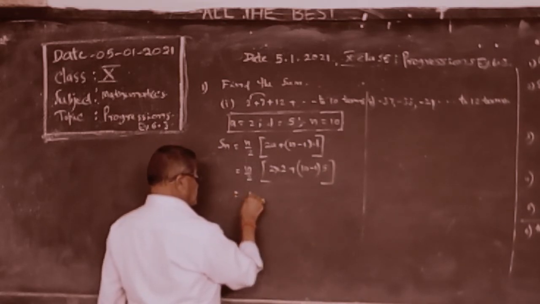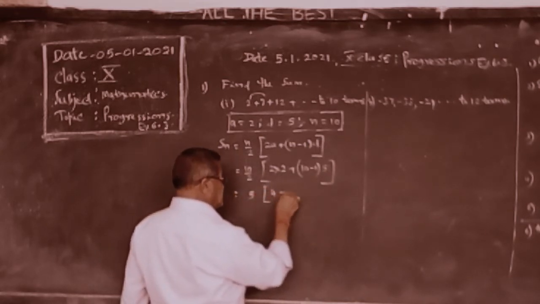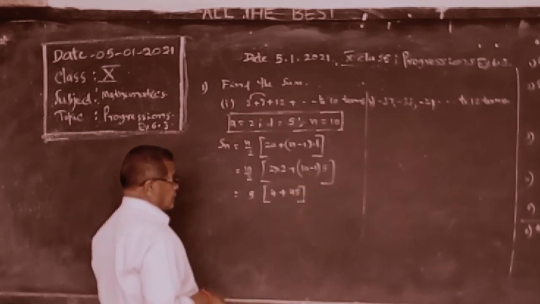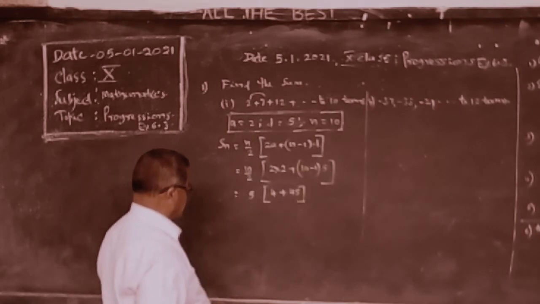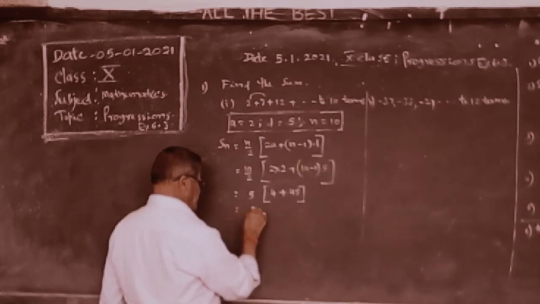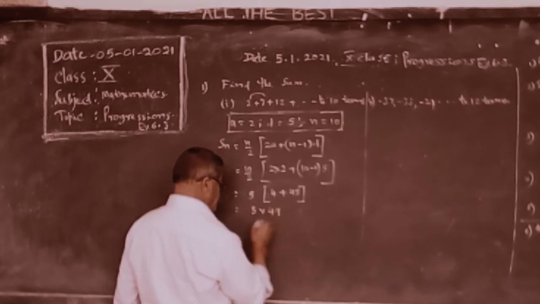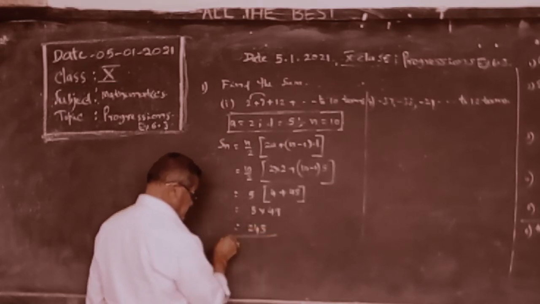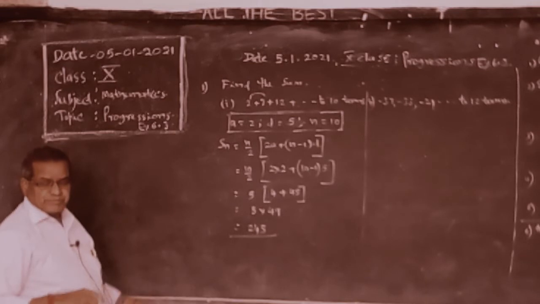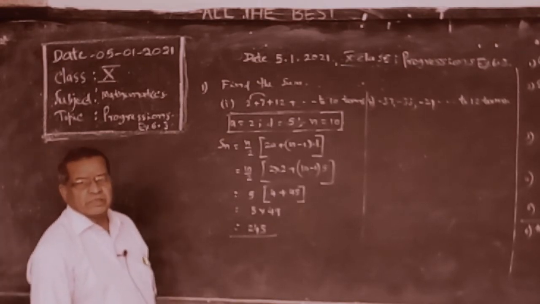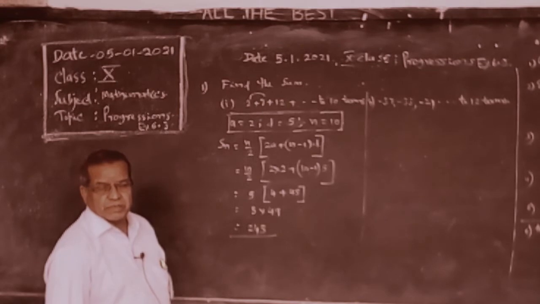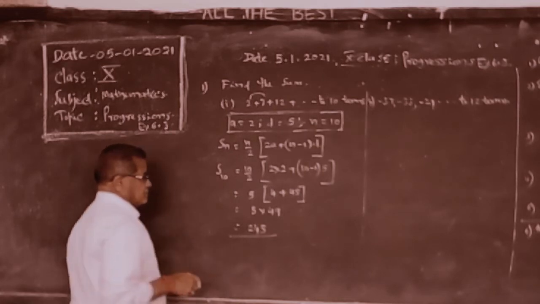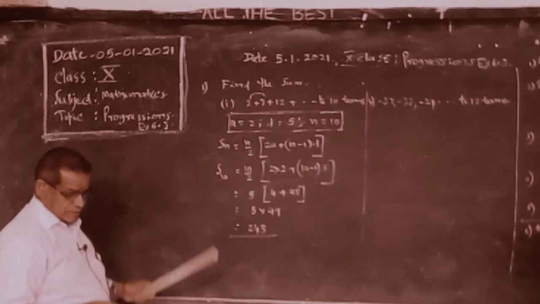Now 2 twos are 4 plus 9 times 5, 45. 10 minus 1 is 9, 9 into 5 is 45. 45 plus 4 is 49. 5 into 49, 5 nines are 45, so 245. This is the method of finding the sum to n terms of the series. This is the sum of 10 terms.